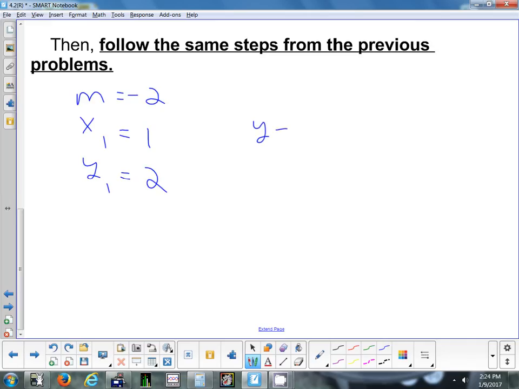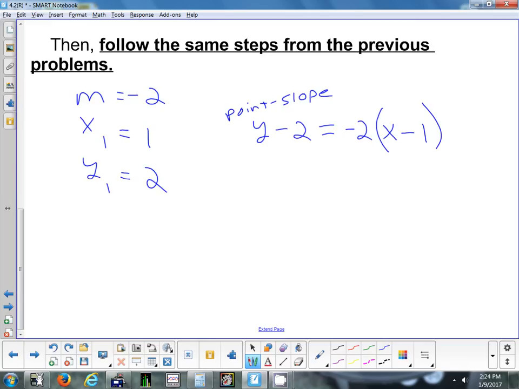Y minus y1 equals m times x minus 1. Okay. What form is that again? Yeah, this is point slope. Now I want to change to slope-intercept.